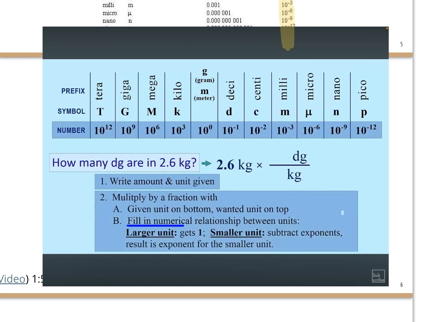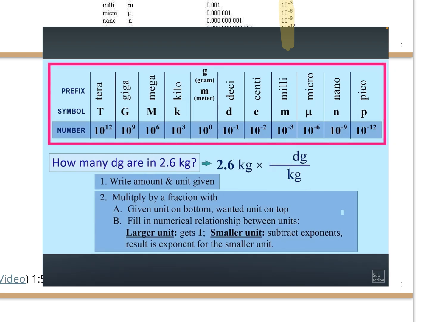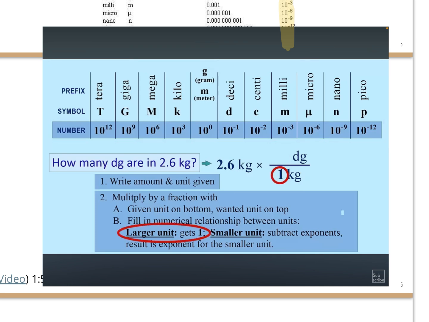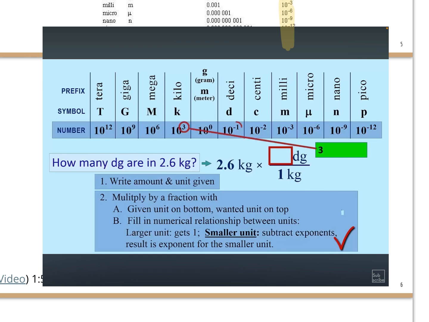Now we need to fill in the numerical relationship between decigrams and kilograms, which is where we now refer to the chart. We put a 1 with the larger unit, which is kilograms, and the smaller unit gets a power of 10, determined simply by subtracting the exponents represented by the prefixes.